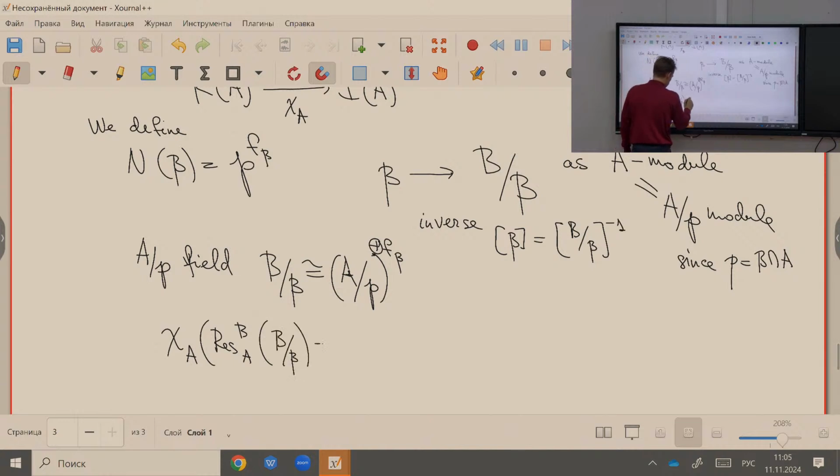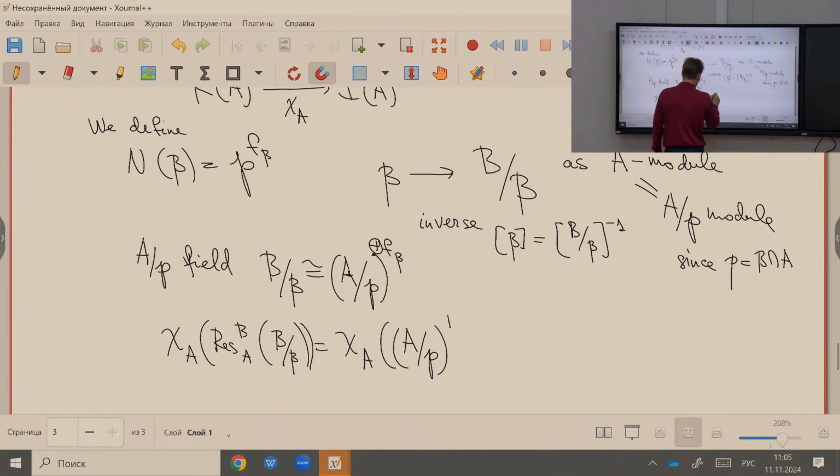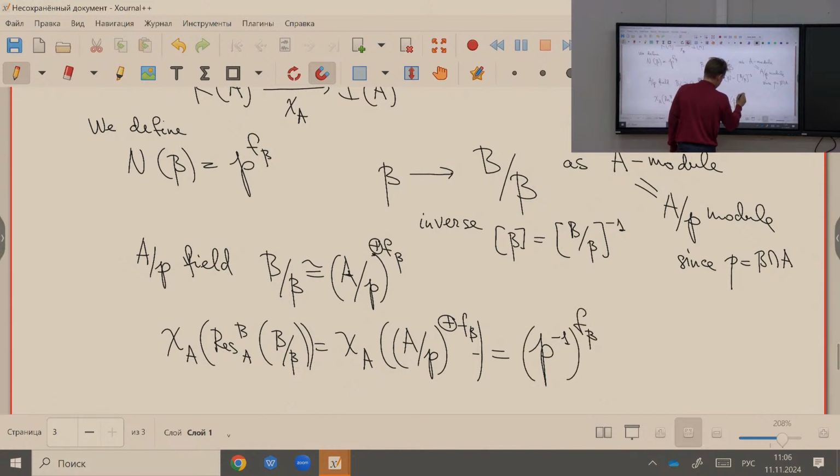It is just chi of A mod P to the power f beta. So you use multiplicativity, and this is pi inverse in F mod beta. By multiplicativity and the rule of taking sides, they are inverse to each other.